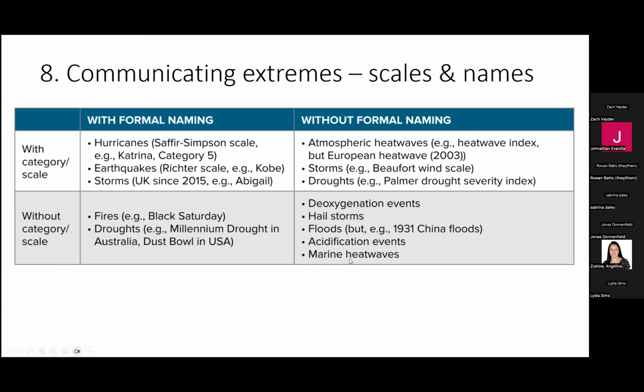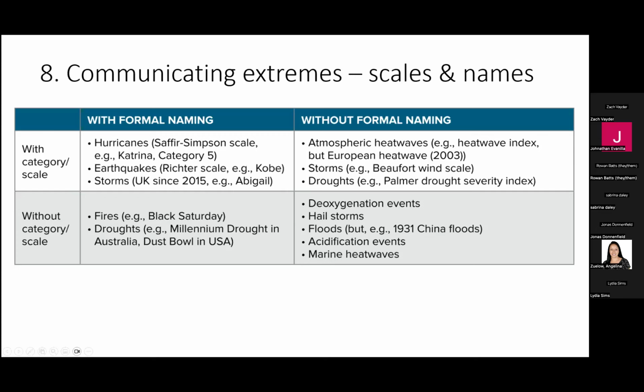At the time we began working on it, marine heat waves were in the lower right-hand corner. There was no category and there was no formal naming. And so that made it very difficult when people wrote about them for others to recognize or remember those events. Atmospheric heat waves don't have very formal names, but that's now changing.